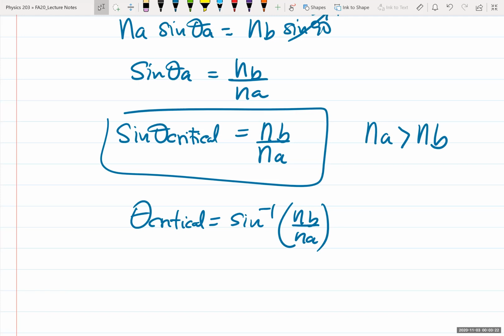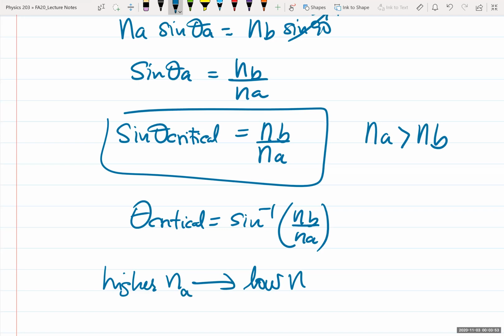So total internal reflection, when the light comes in at a certain angle and the refracted ray doesn't make it into the next medium, only works when you're going from a higher index of refraction to a lower index of refraction.